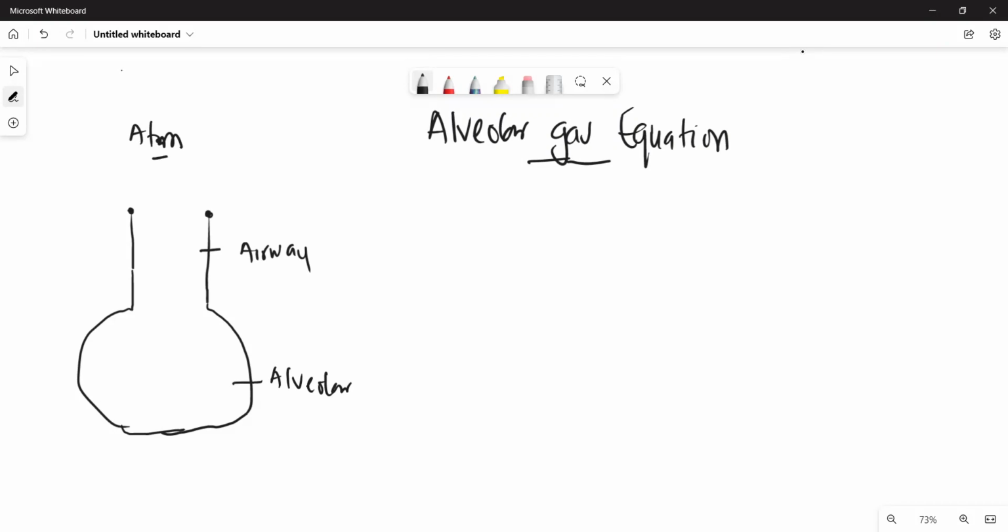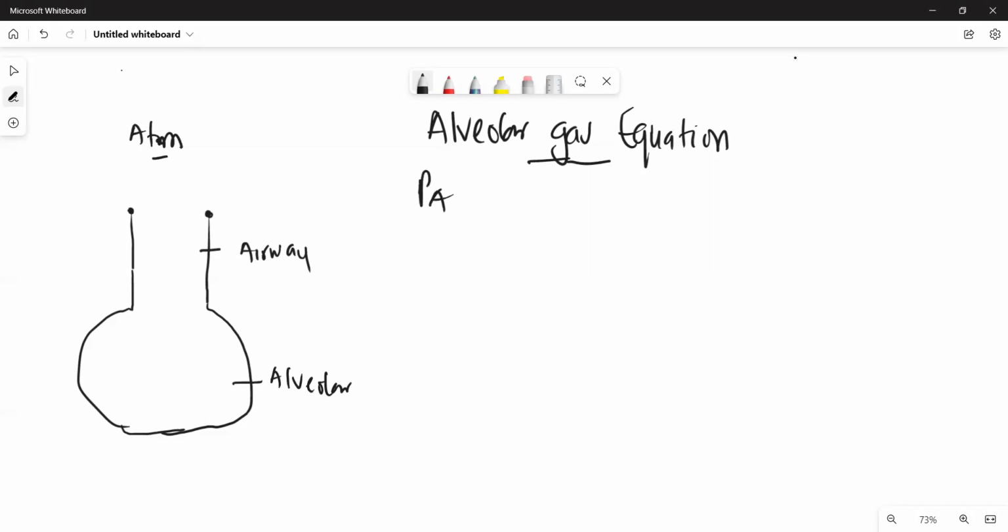So gas moves from the point of high concentration to the point of low concentration. And the alveolar gas equation is an equation that we use to indirectly estimate the partial pressure of oxygen inside the alveolar.